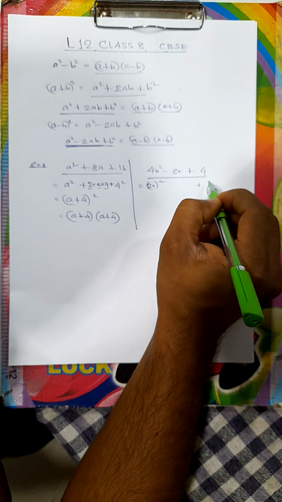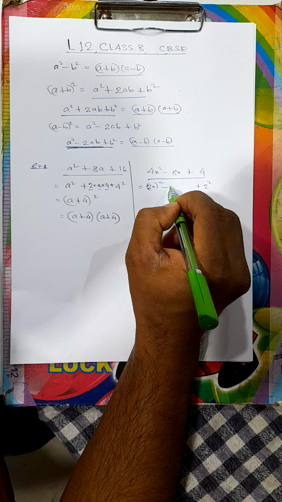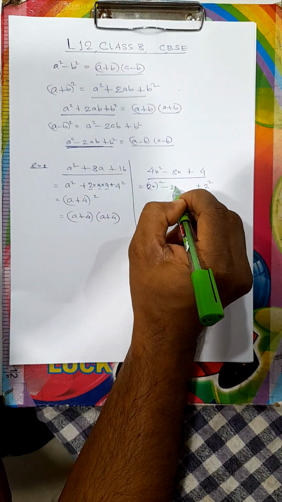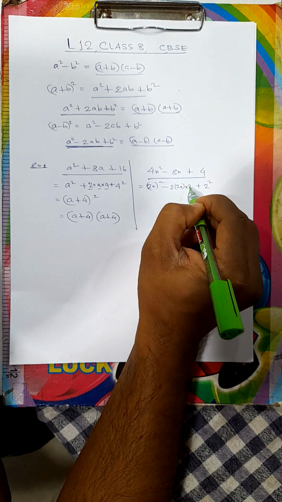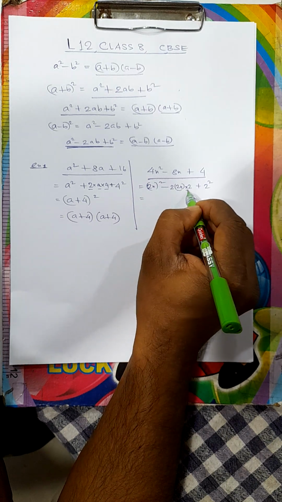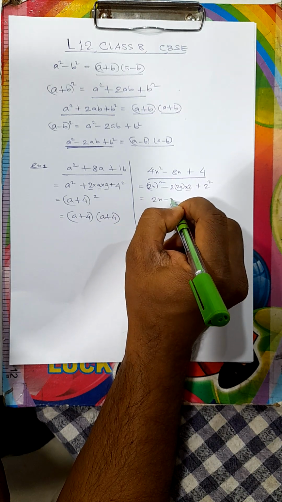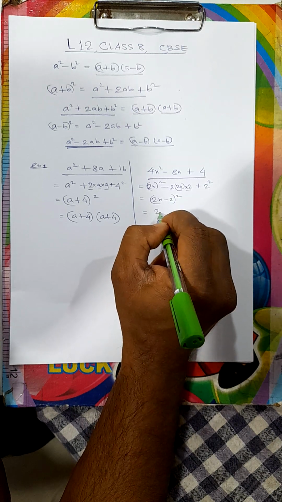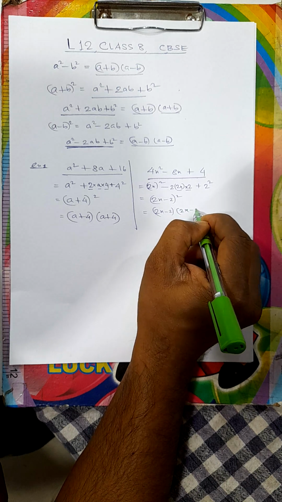The third term is also a perfect square, 2 square. The middle term should be minus twice ab, that is, twice of 2x multiplied by 2. So this is a square minus twice of a multiplied by b plus b square. That means a minus b whole square, right?